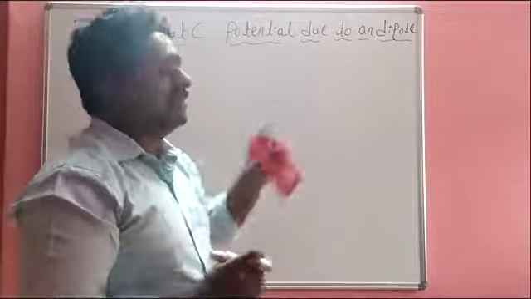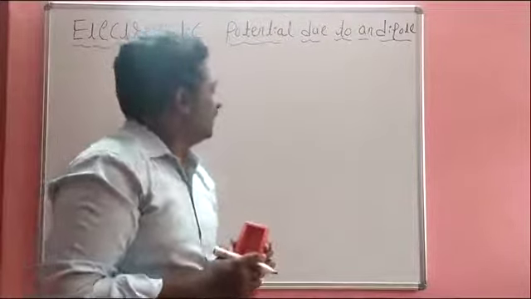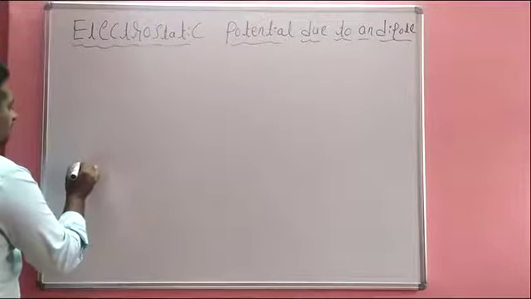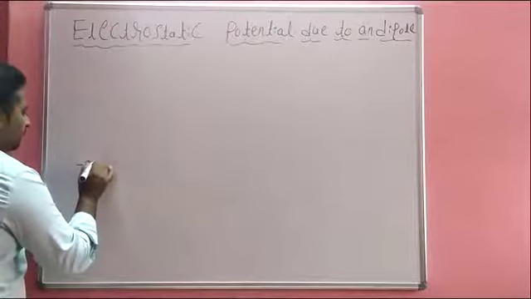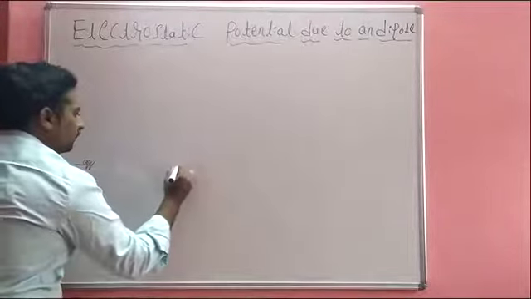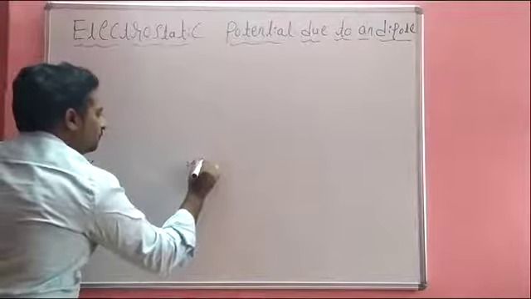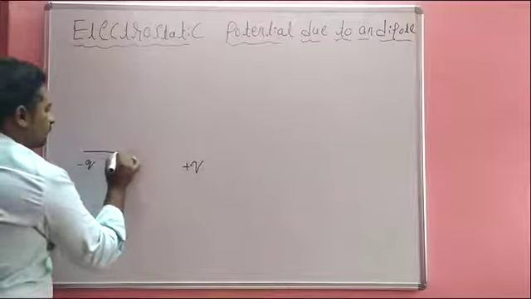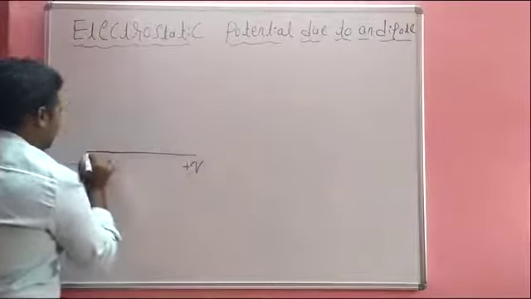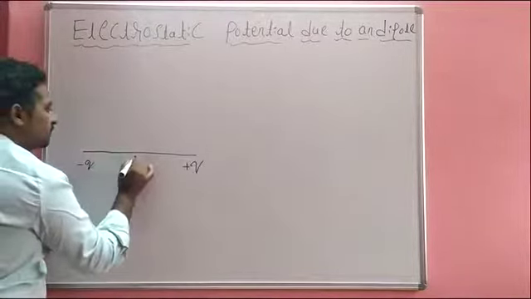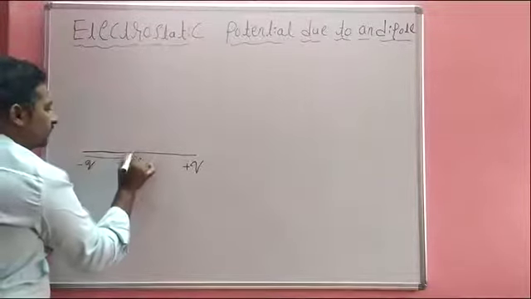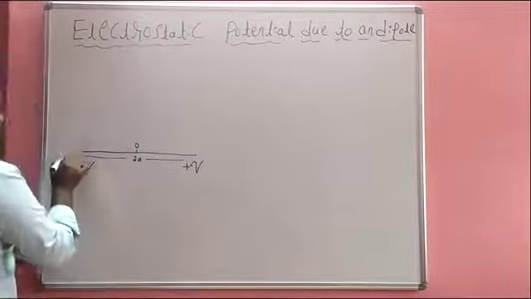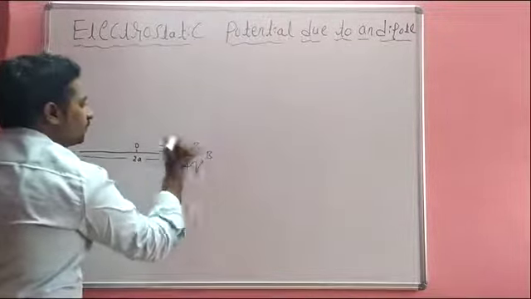So this is the dipole: minus Q and plus Q separated by the small distance 2a. This is the center of the dipole O, this is point A, and this is point B.